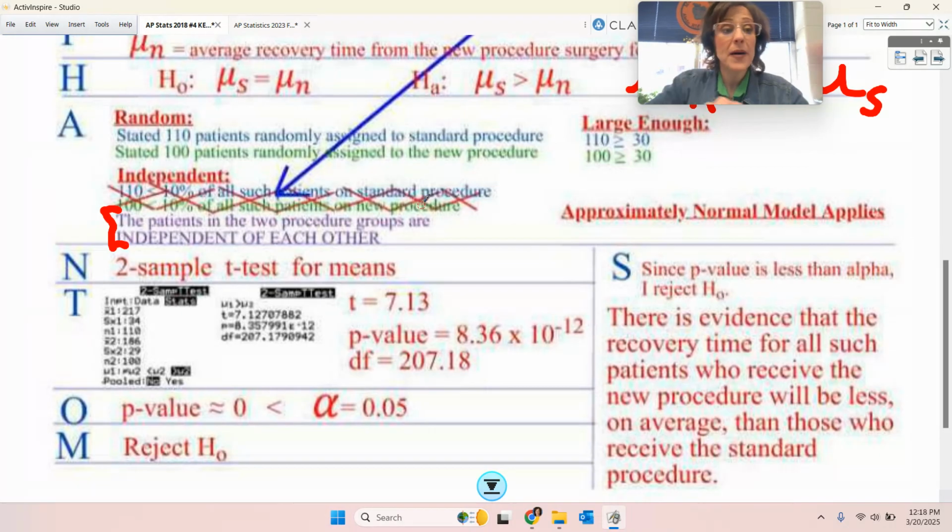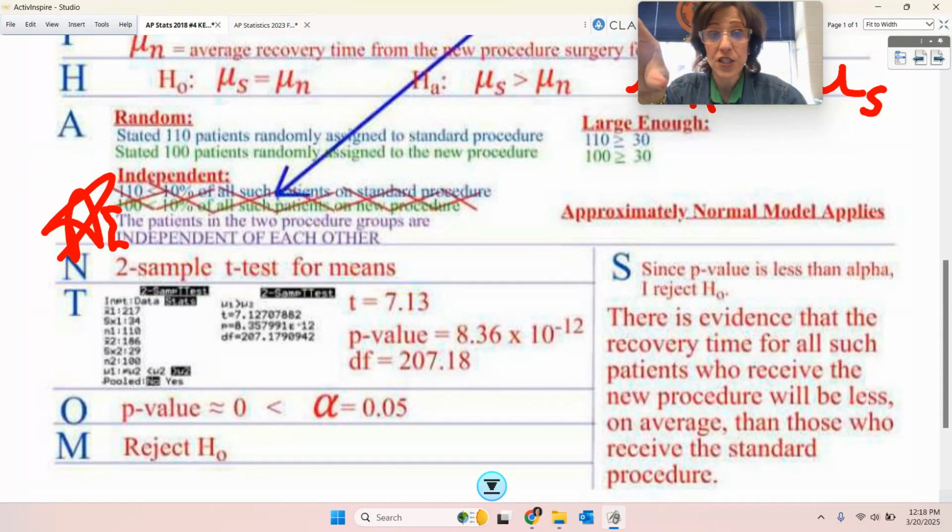We still must make sure we say that the subjects who got the standard procedure are independent of those who got the new procedure. Okay, remember you have to define that they're two separate. Nobody was counted and double counted in both groups. Okay, and then large enough for means. Remember that your sample size is greater than or equal to 30, and lovely, they both were.